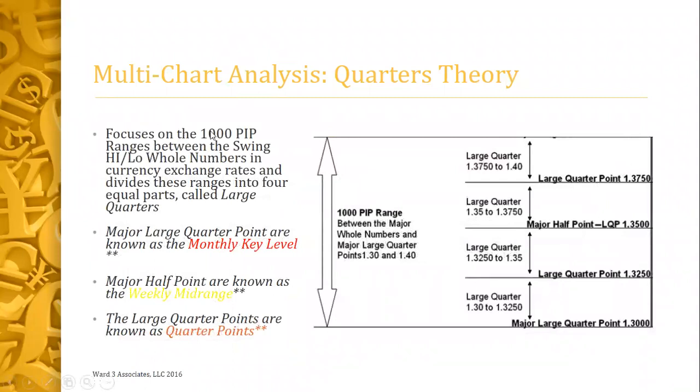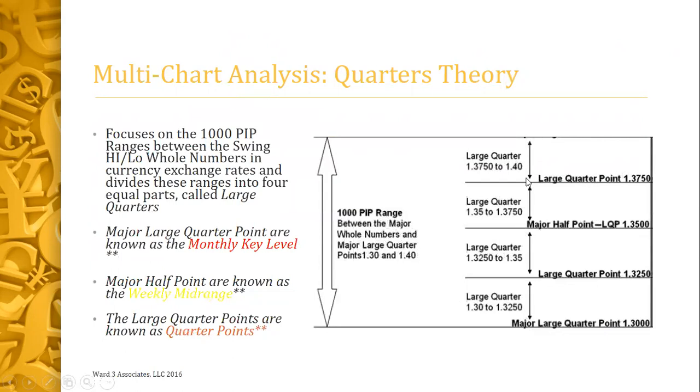Quarters theory focuses on the 1,000 pip ranges between the swing high and low numbers in currency exchange rates and divides these ranges into 4 equal parts called large quarter points. Now this information you don't necessarily have to know too much about, but what we're mainly concerned about is the swing low, the first large quarter point, the halfway point, the major half point, and then the other point.